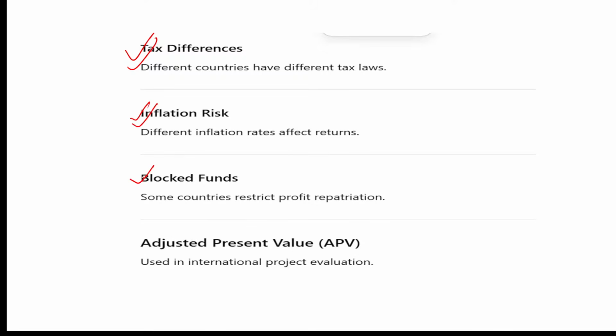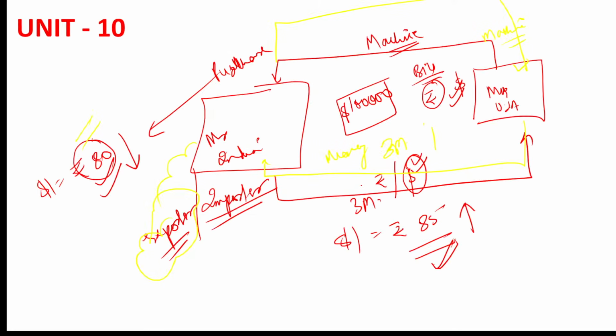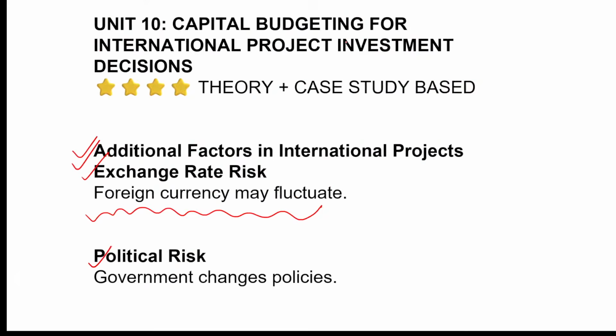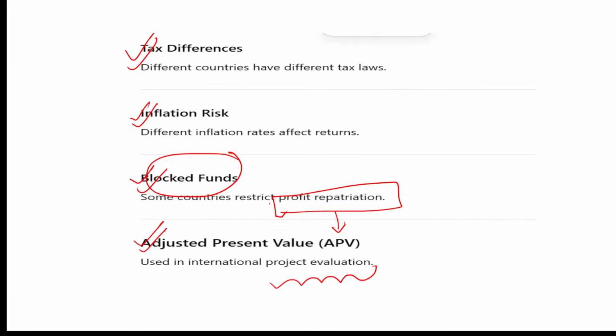There will be blocked funds, because whenever you are importing or exporting, you have to give LCs. Some other countries have strict profit repatriation laws, that is, how much money you can bring back home. And then you have adjusted present value. You apply APV for international project evaluation. This we can take not just for a machine but any sort of project as well, right? So assets plus projects.